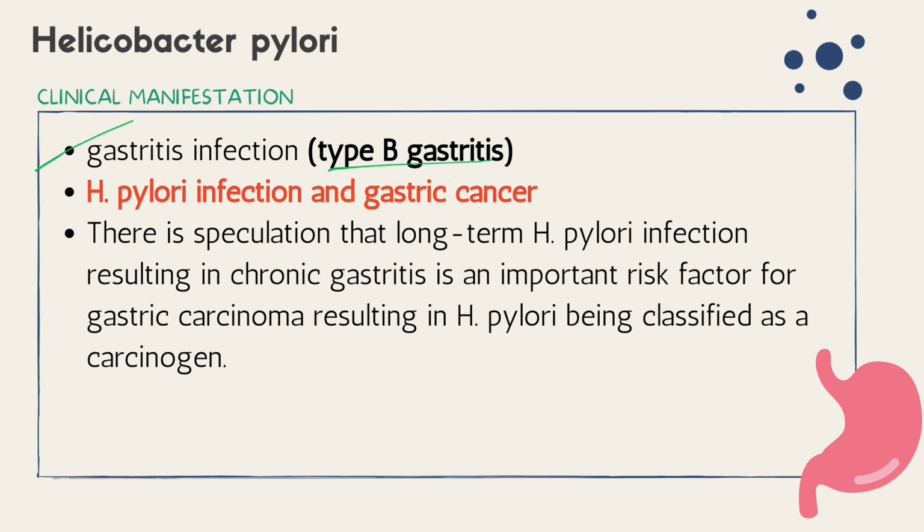There is speculation kasi that if a Helicobacter pylori infection or gastritis is not treated, it may result in chronic gastritis and become an important risk factor for gastric carcinoma or cancer.